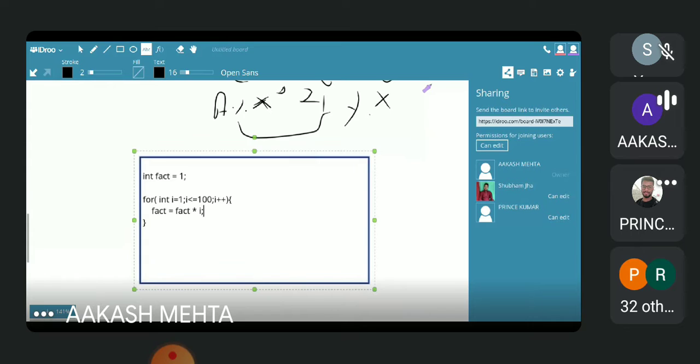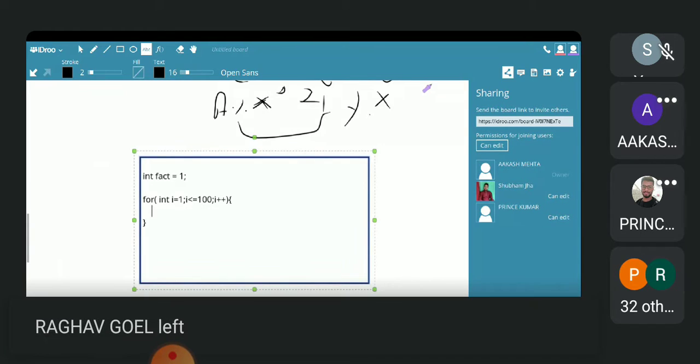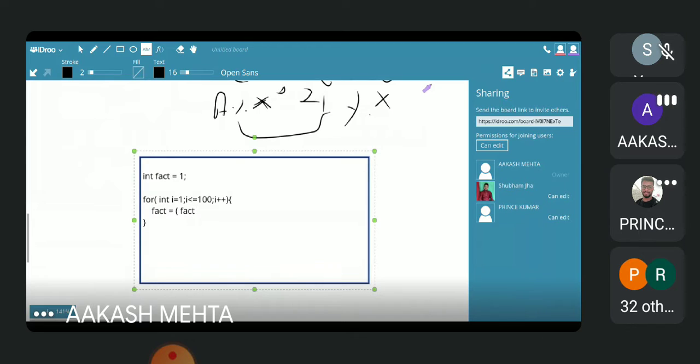Now we won't be doing this, but we will be doing fact equals fact modulo x. Let's say int x equals 1e9 and x plus equals 7.